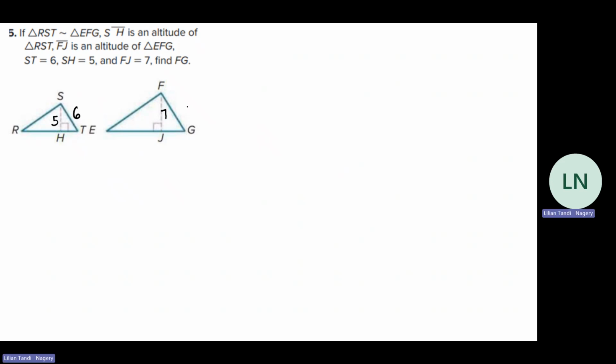Or we put FG. So FG over 7 should equal ST over SH. I don't know FG, I want it, but I know FJ is 7. Then I know ST is 6 and I know SH is 5.